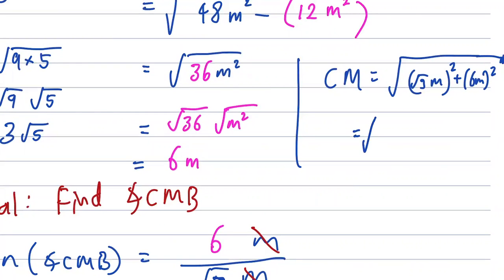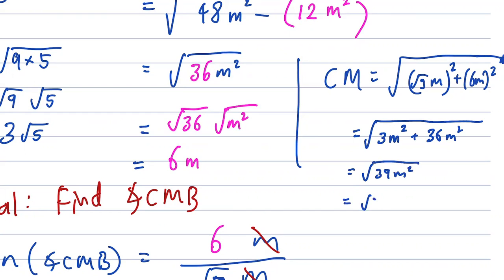Simplifying, root 3 squared is 3m squared, plus 6 squared m squared, 36m squared. Combining them, we get the square root of 39m squared, which is square root 39 times square root of m squared, simplifying to m. That's our exact length. CM is square root 39m.